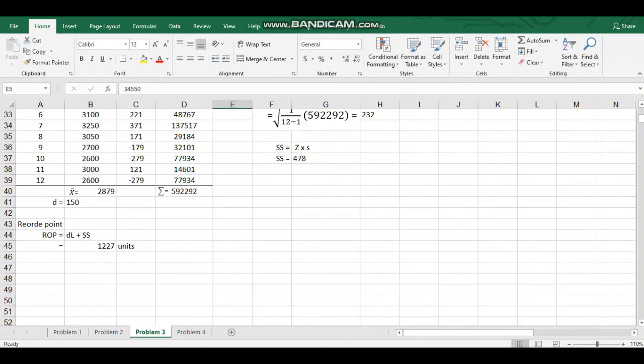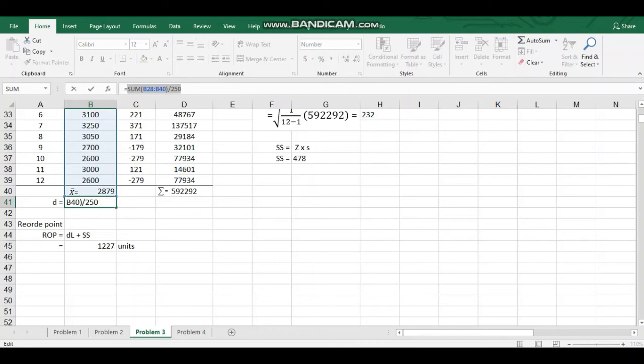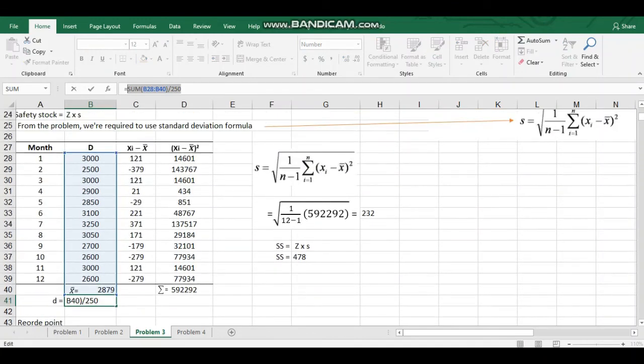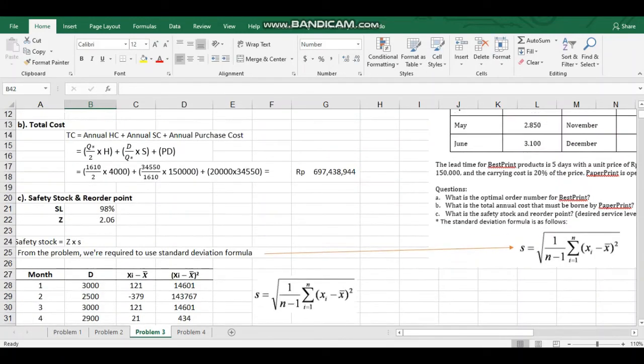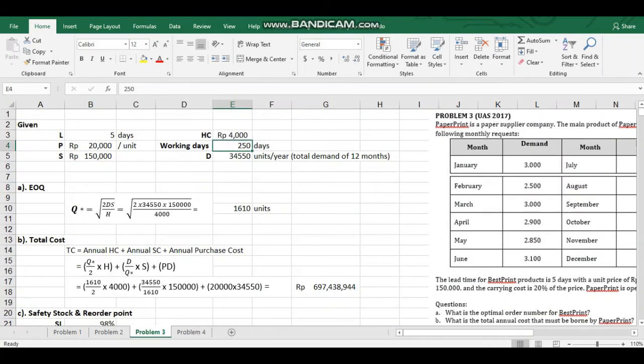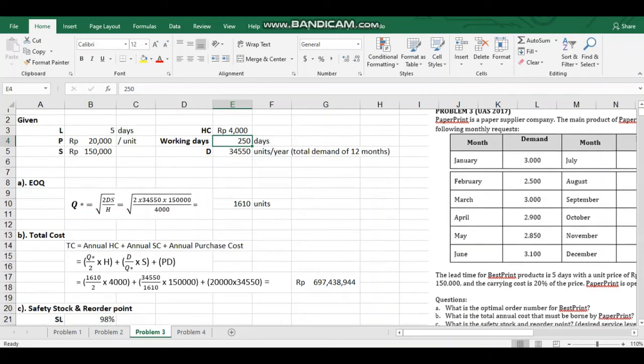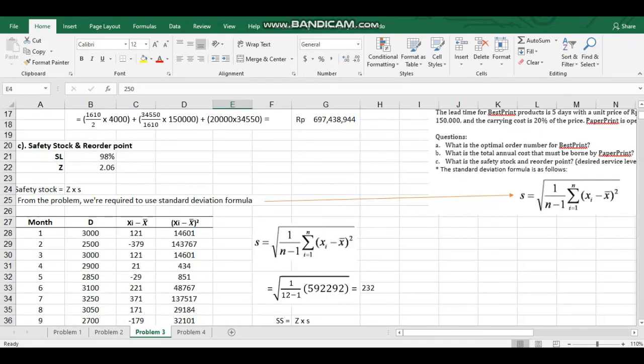I already calculated the daily demand here. You can see it's the total demand in a year, divided by 250 days, because it's stated that they're working 250 days. So the total demand in a year divided by the working days.